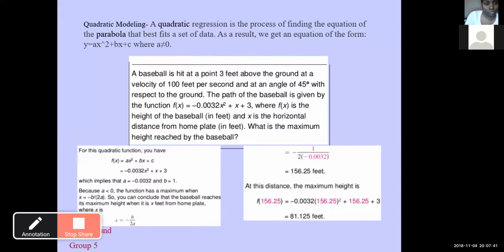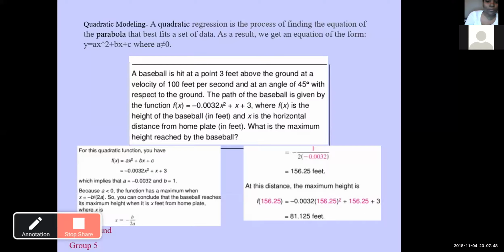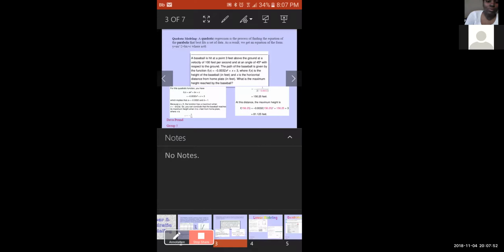Okay. For the quadratic function, you have f of x, which implies that a equals negative 0.0032 and b equals 1. With finding the maximum height, we will do x equals negative b divided by 2a.